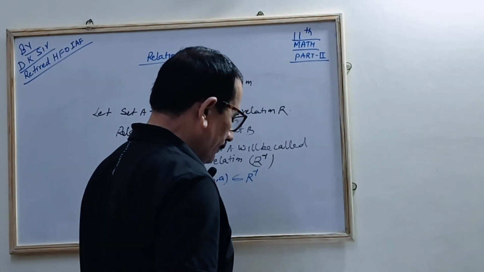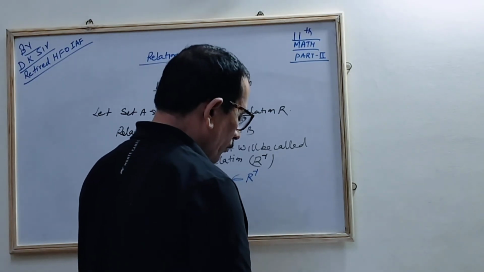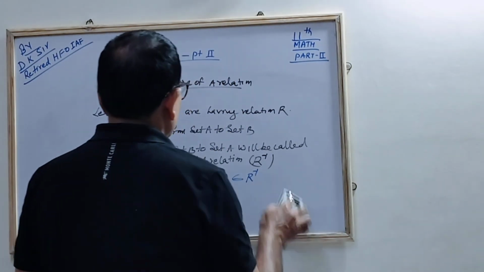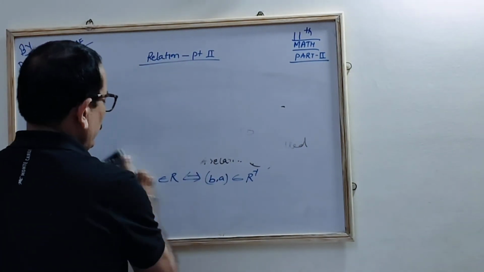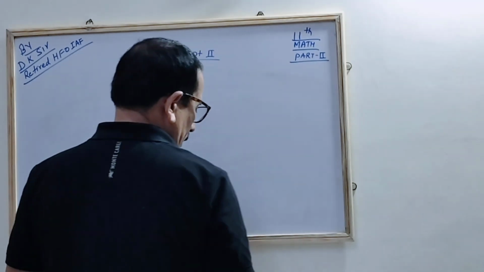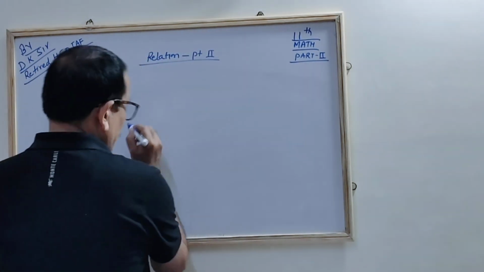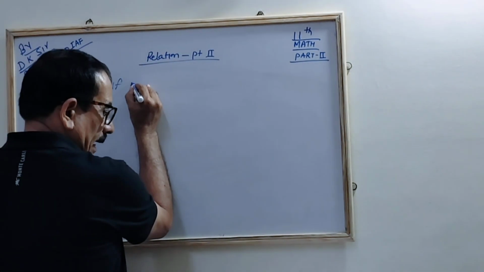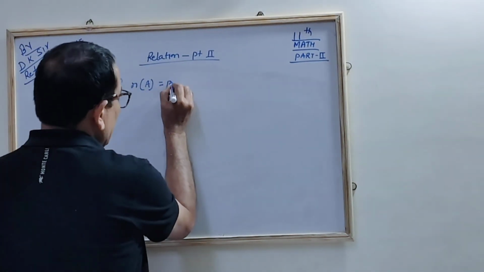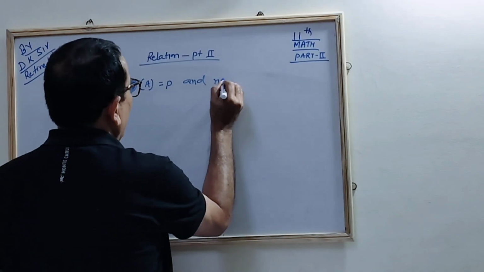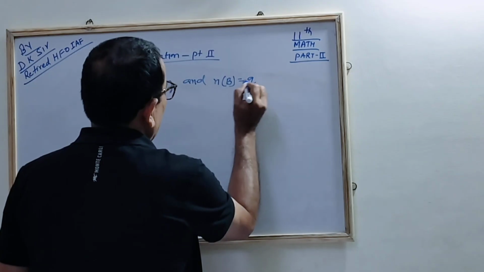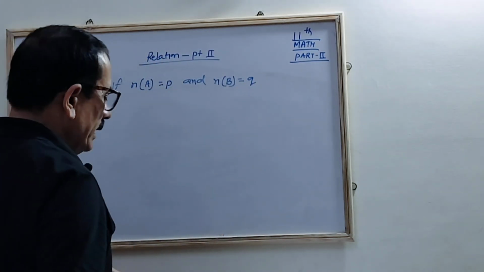Next we will see how to find the number of subsets. Suppose A is a set whose number of elements is p, and the other set B has number of elements q.